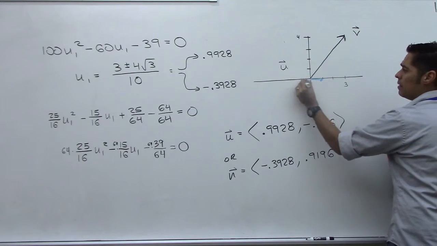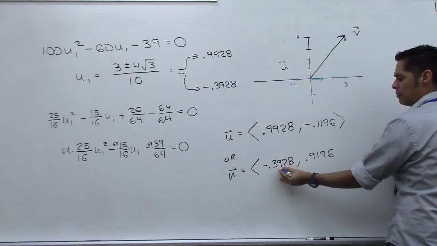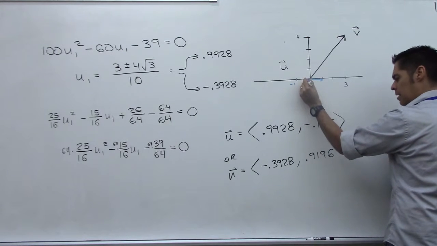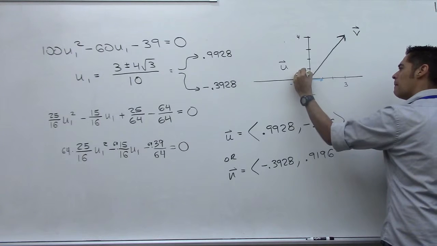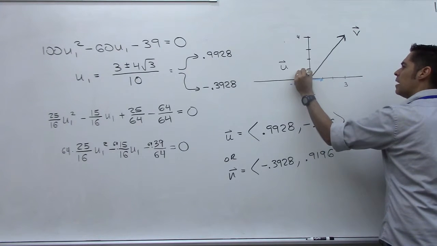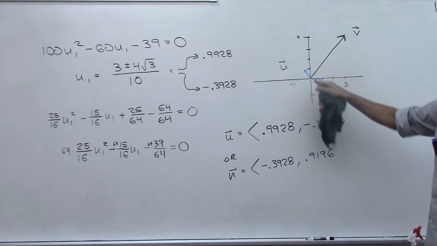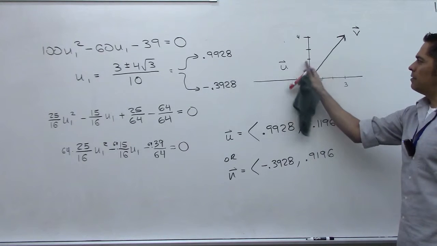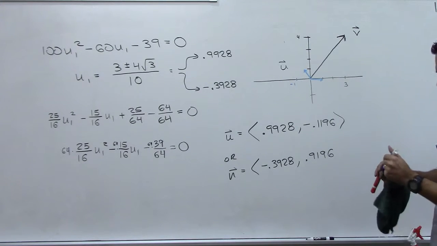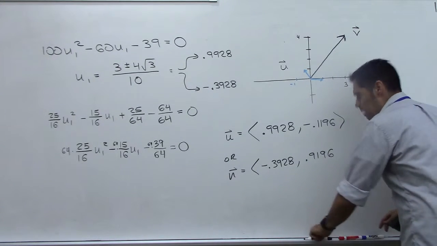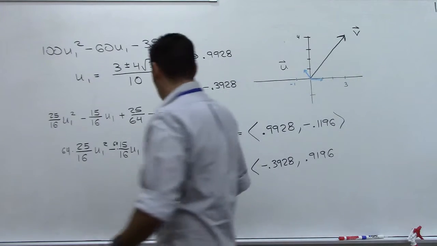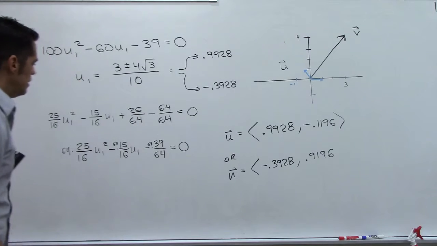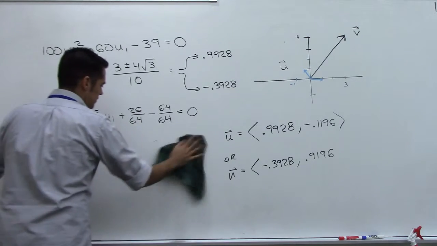This one, here's negative 0.39, so about right there. Go up about 0.91, somewhere in here. This vector should have unit length and should also form a 60-degree angle right there. So that's how you work that one. Sorry about that 39. You're probably watching the video going, duh, should have been 39.